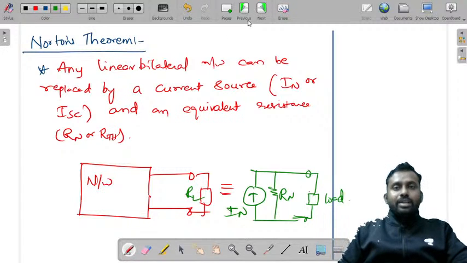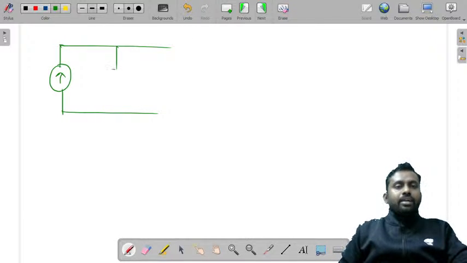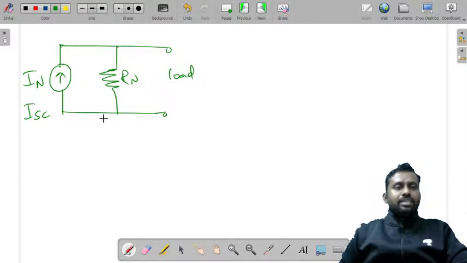Now let us consider one circuit. I'll tell you what these IN and ISC are also. You have a current source in parallel with a resistance connected to some load. So this is a current source IN or ISC. This is RN or RTH, both are the same. The procedure remains the same.